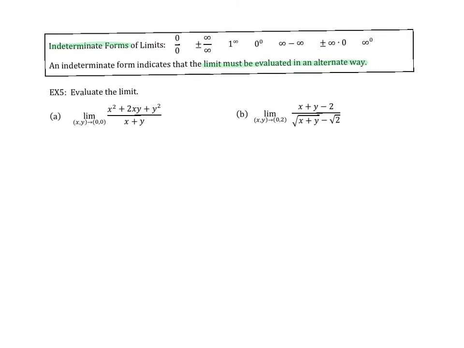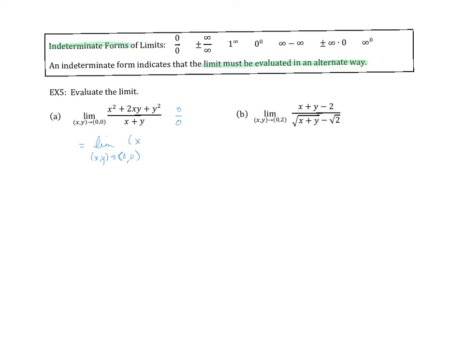In example 5a, I want to evaluate this limit. When I plug in 0 for x and 0 for y, I get 0 over 0. That's an indeterminate form. That means I should probably try some algebra to simplify this. So the first thing I notice when I look at this limit as (x, y) goes to the point (0, 0) is that it's factorable.